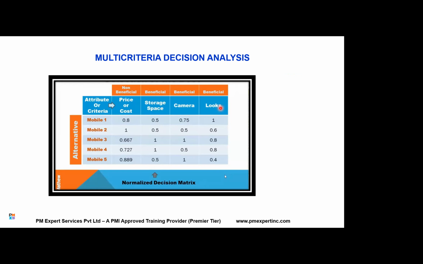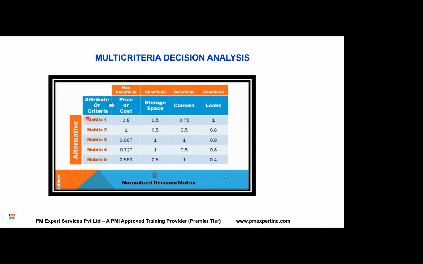It can be used with respect to requirements also. It can be used for selecting a particular variant of a product. For example, suppose you have various alternatives to be produced, like mobile 1, mobile 2, mobile 3.